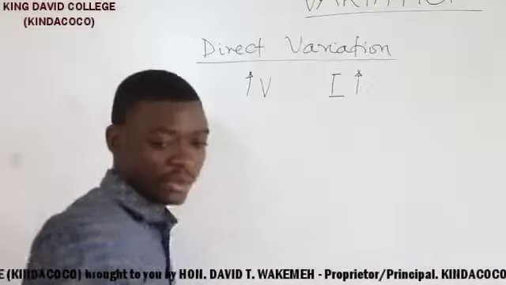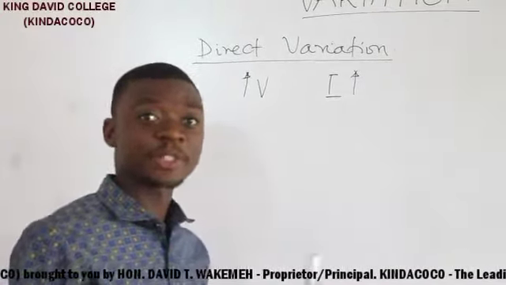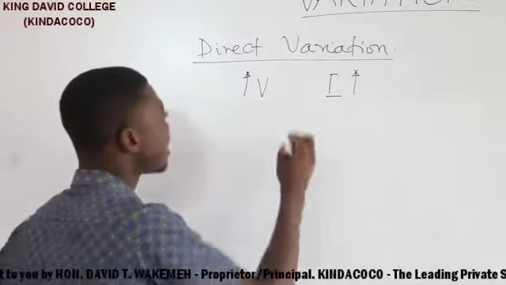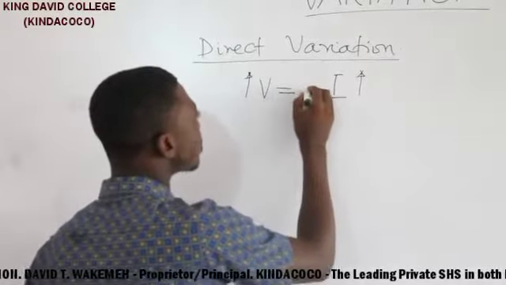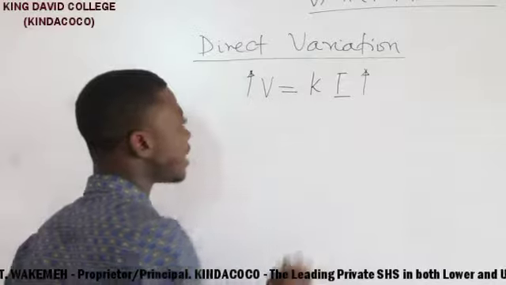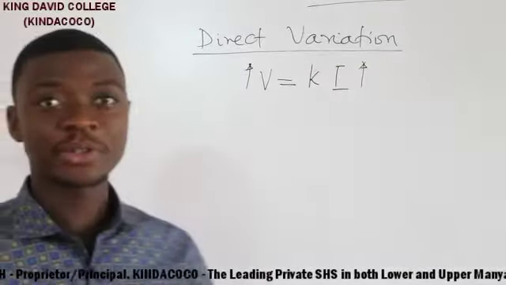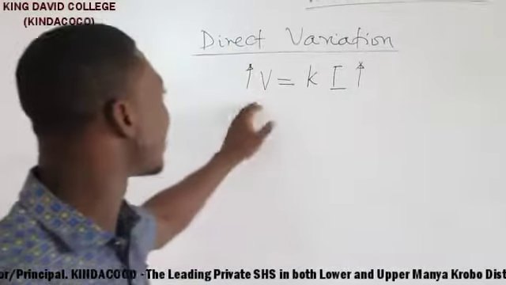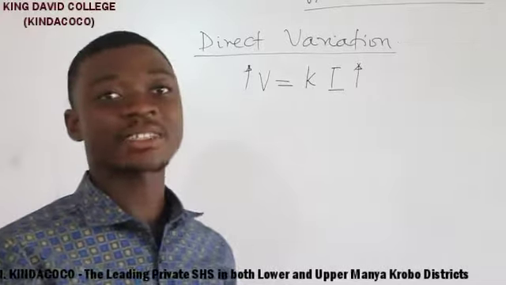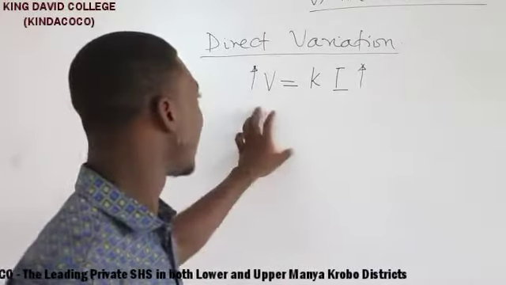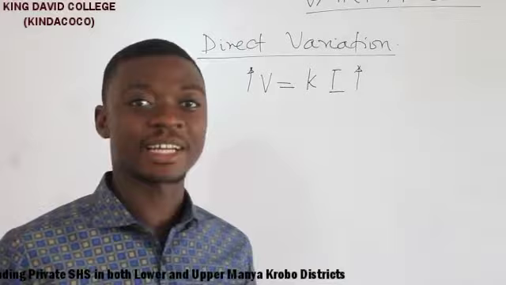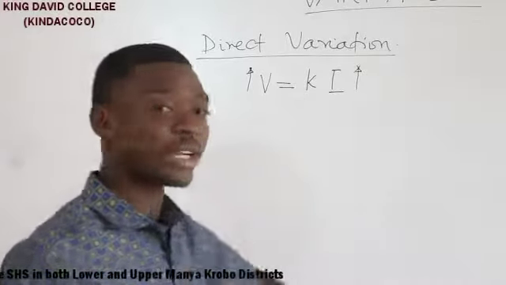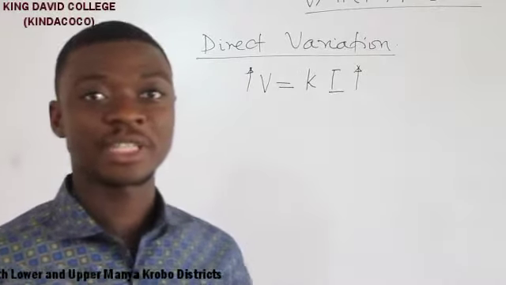With this, this is going to be equal to, and then you introduce k. Doing so, we can now find any of the values, provided we know the constant of proportionality.